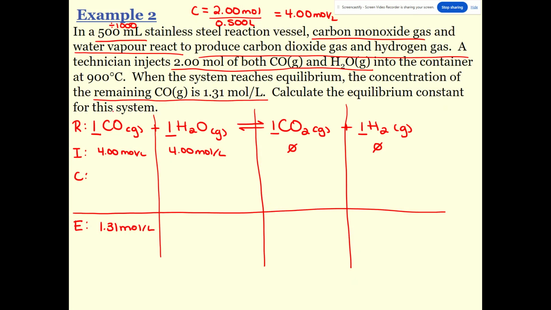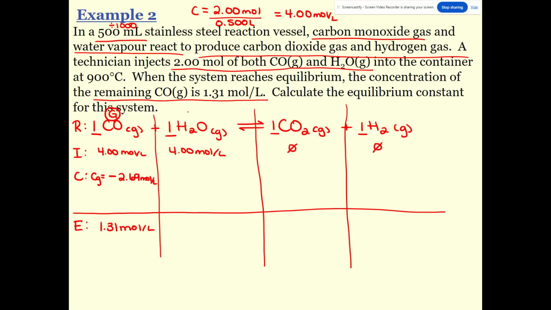So this time I am given the amount of this reactant so that I can find the change and make that the given change, given concentration. So if it started at 4, if I subtract 1.31, this means that it has gone down because it's a reactant by 2.69 moles per liter.